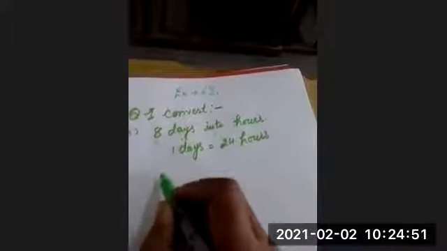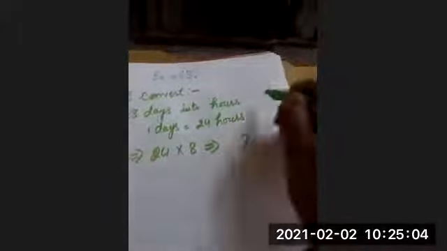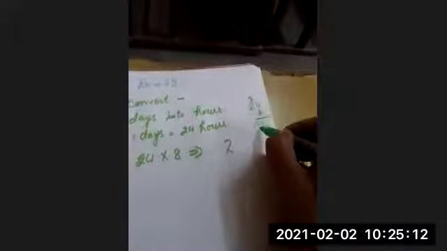On the rough side, 24 into 8: 8 fours are 32, 8 twos are 16, 19 plus 3, 19.